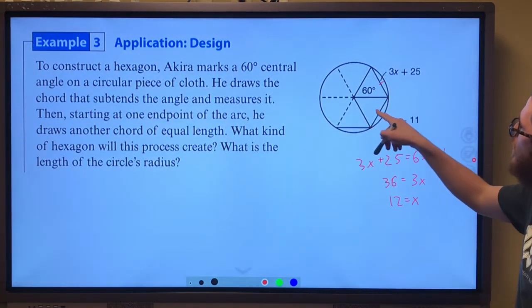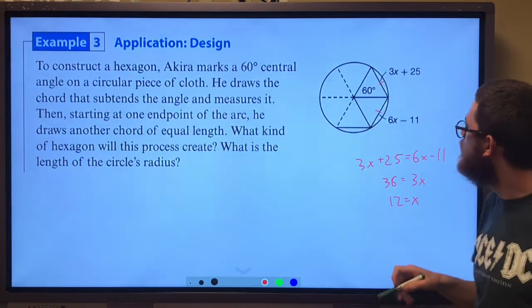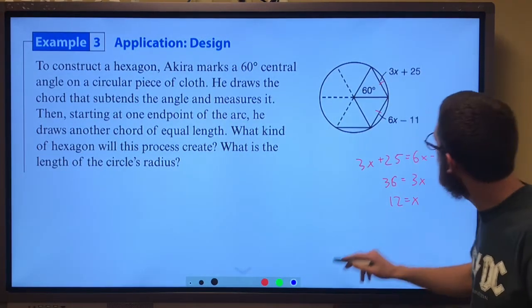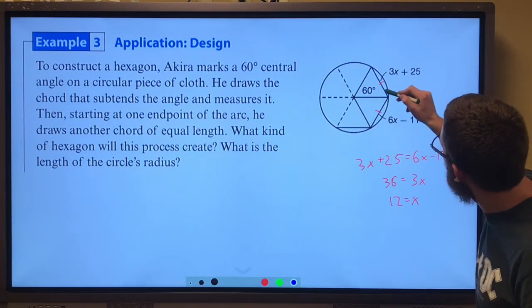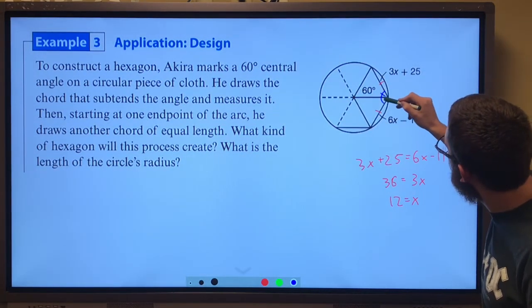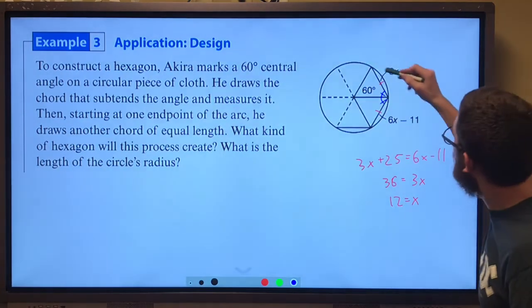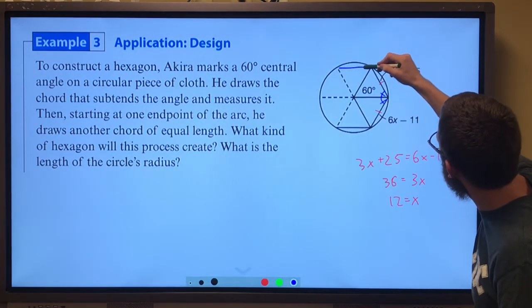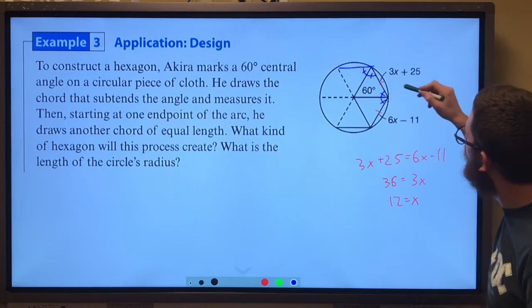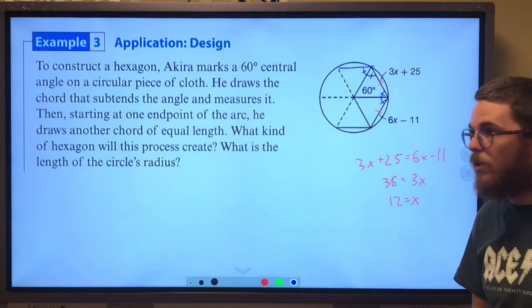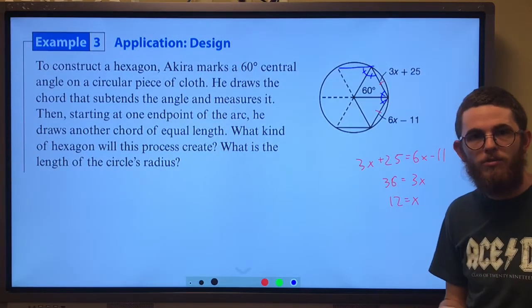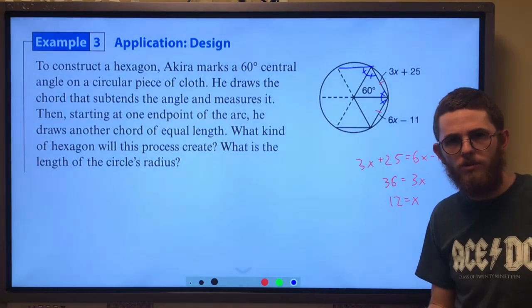And notice here, if these are all congruent, well, I know that these are going to have to be congruent angles. Every one of these angles is going to be congruent. So that means this is not only an equiangular triangle, we know it would also have to be an equilateral triangle. See all that?